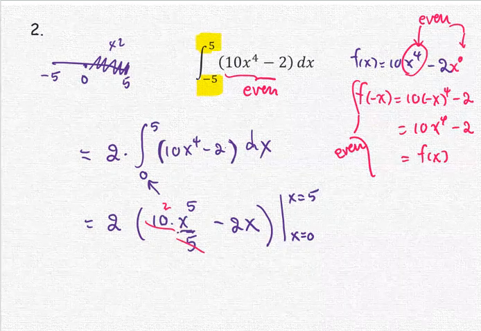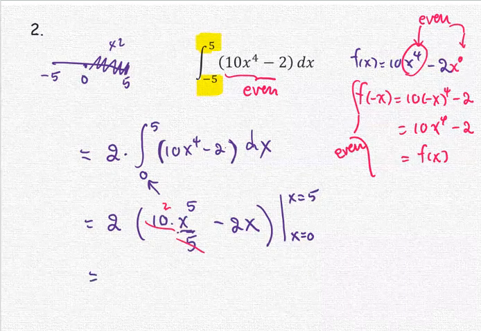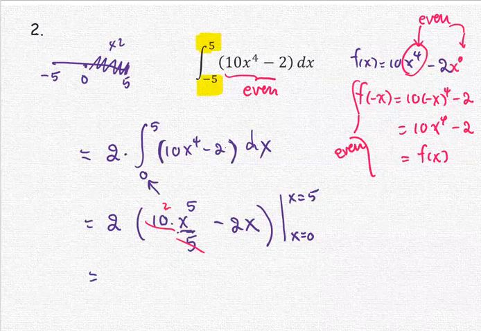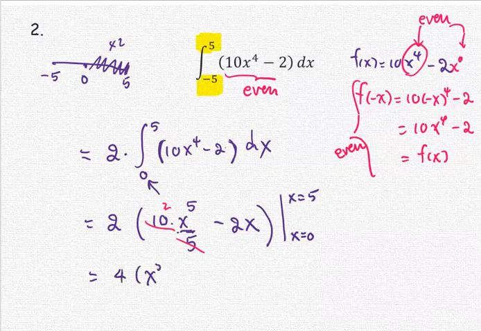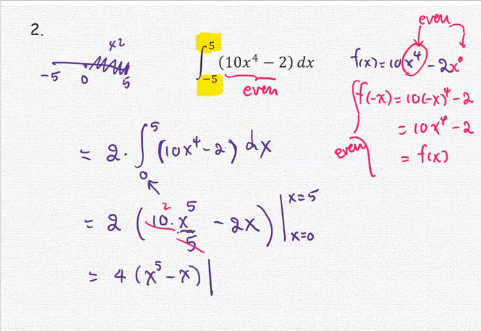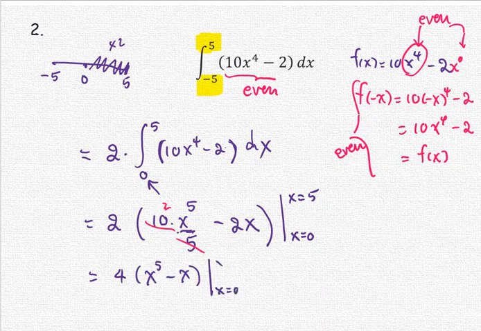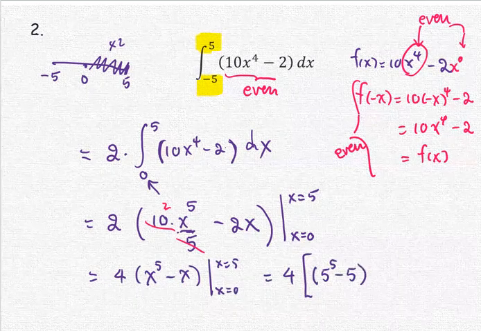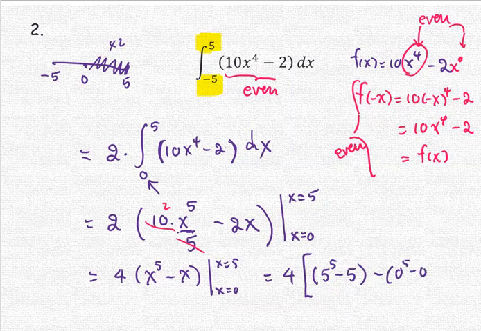We have too many twos here, so to make it easier to calculate, I'm going to factor the 2 from these two terms out to join with the 2 out front, which becomes 4 times x to the fifth minus x. We're not going to factor x because we need x to replace with the number. Then evaluate from x equals 0 to x equals 5, with 4 as the coefficient, multiplied by the first group using the upper limit 5: 5 to the fifth minus 5, subtracted by 0 to the fifth minus 0.